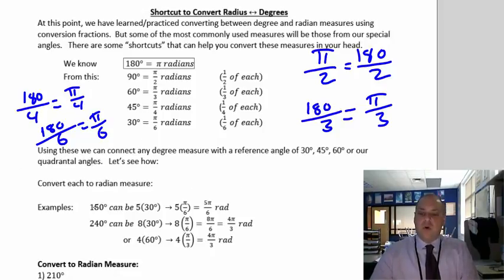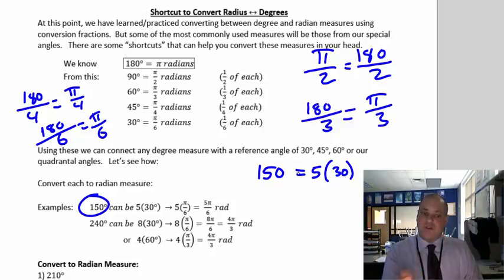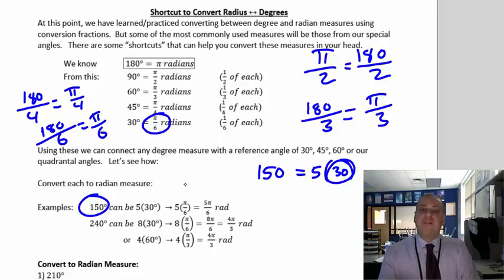So if we wanted to do 150, for example, 150 is how many 30s? 150 is 5 30s, 5 30-degree angles. 5 times 30 is 150. So you factor it basically. 30 is pi over 6, so we say it's 5 pi over 6.